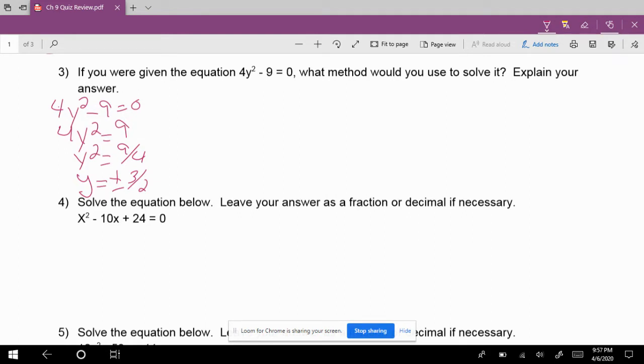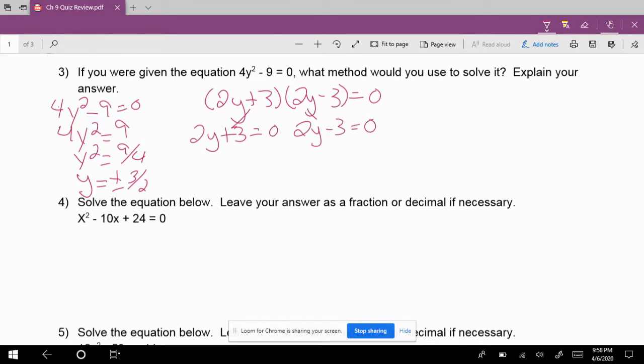You could have also factored this. So some of you may have seen that. 4y squared minus 9 is a difference of 2 squares. So it would factor to be 2y plus 3 times 2y minus 3. And then you would set each of these equal to 0, and you would get the exact same answer as the square root method.